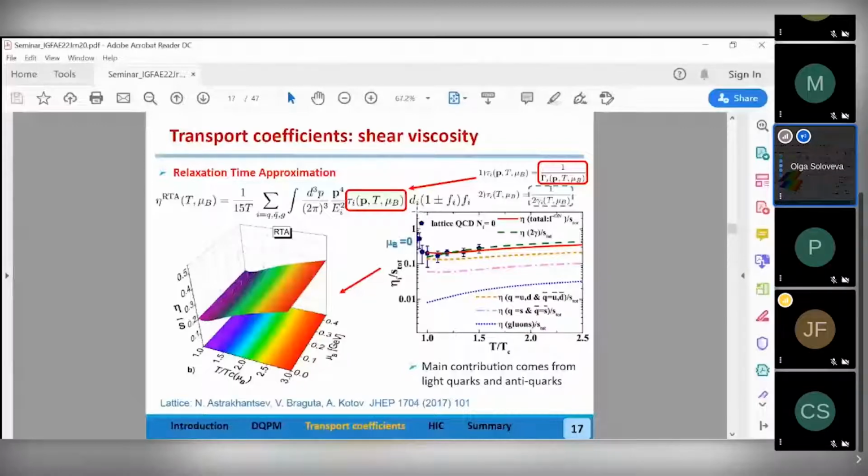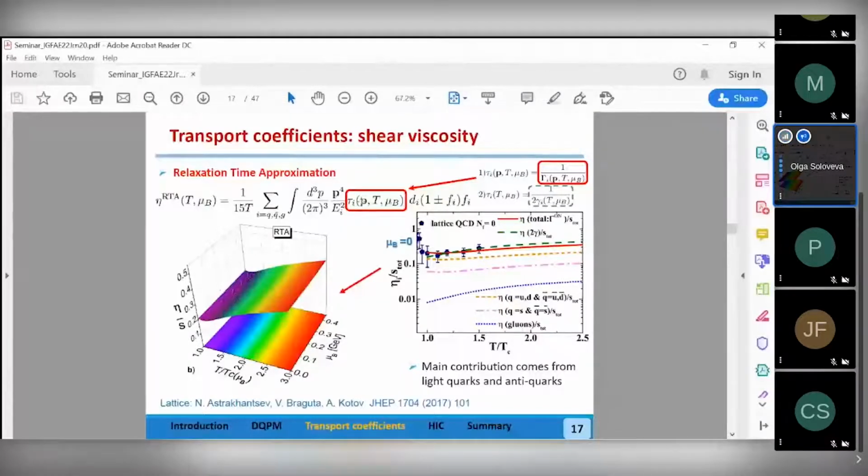So as you can see, the main contribution actually comes from the light quark. This is the orange line. We are expecting it because our relaxation time for quarks was twice and more larger than for gluons.